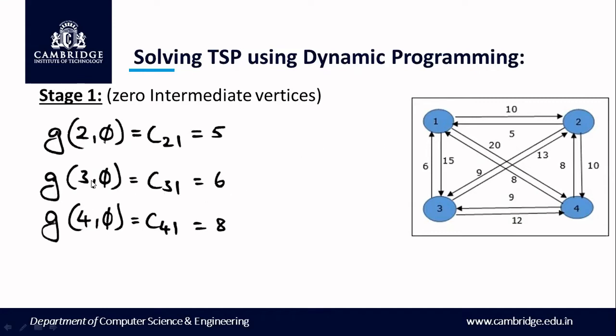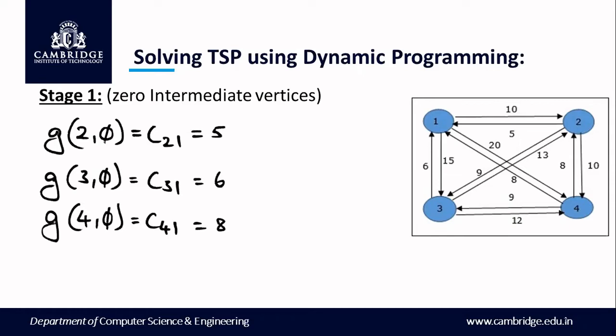In the same way, 3 coming back to the source vertex is given as G of 3 comma null. Null indicates zero intermediate vertices. So it reaches back directly, and its shortest path is given in the form of C of 3 comma 1.